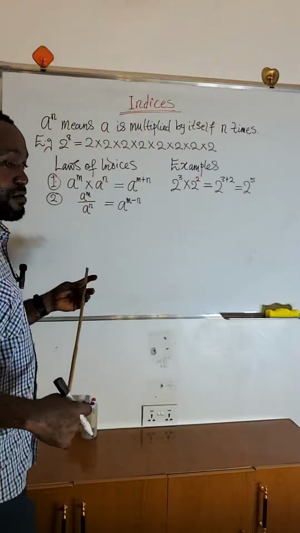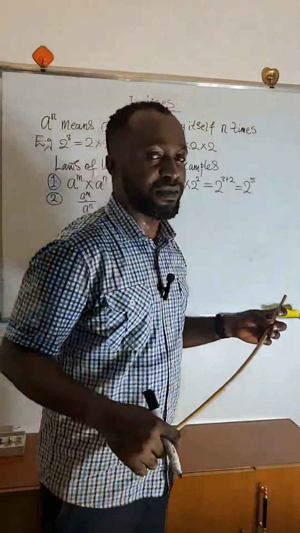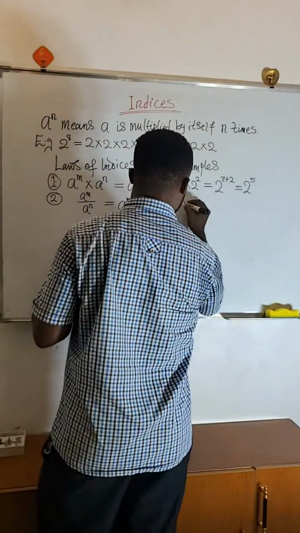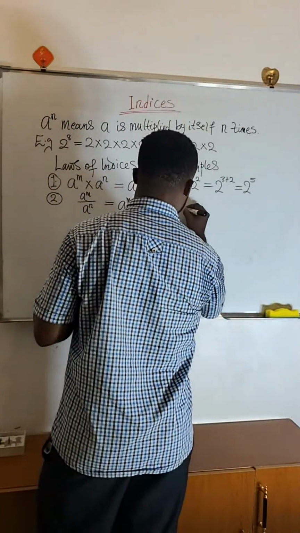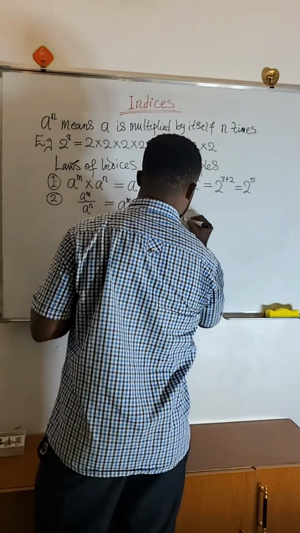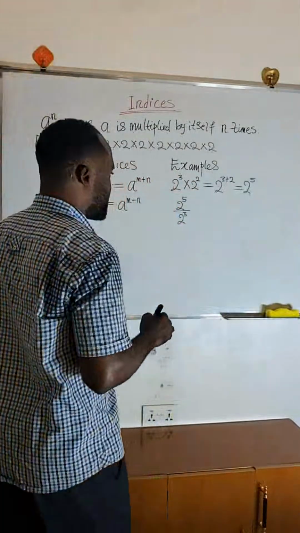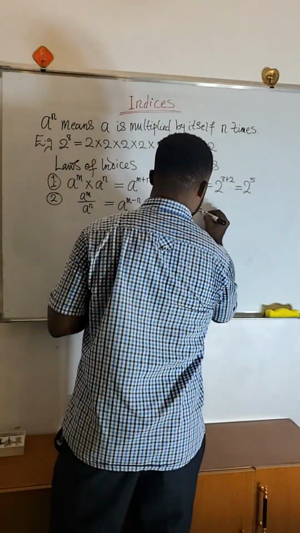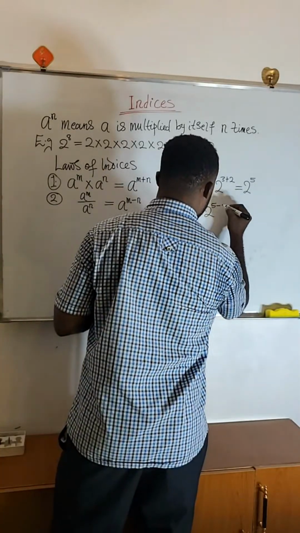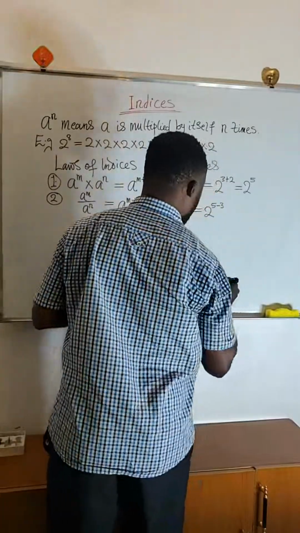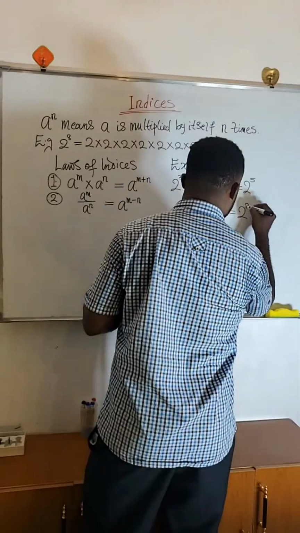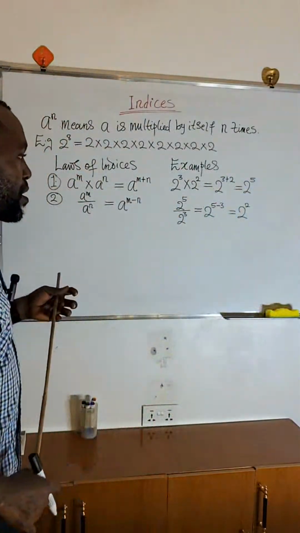That's division law of indices. Then let's see an example. Maybe you have 2 raised to the power of 5 all over 2 raised to the power of 3. That would be equals to 2 raised to the power of 5 minus 3. And that will be equals to 2 raised to the power of 2.